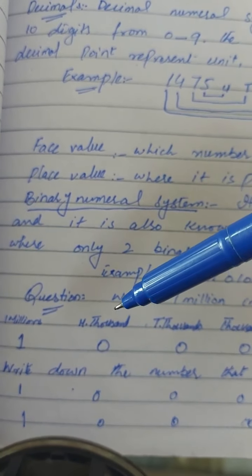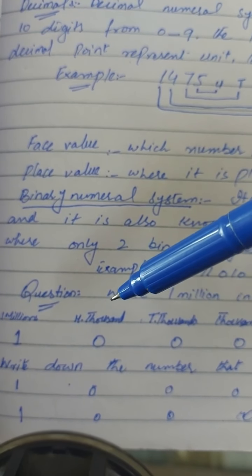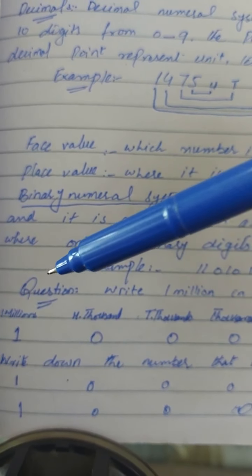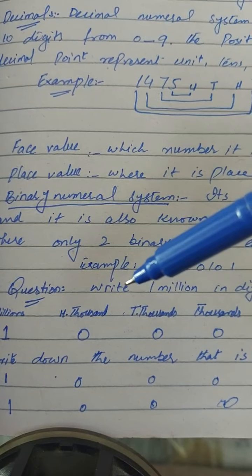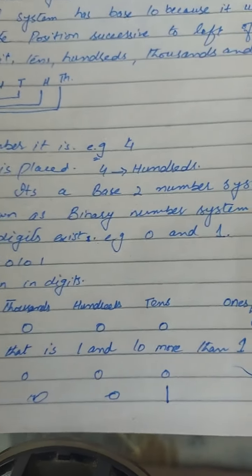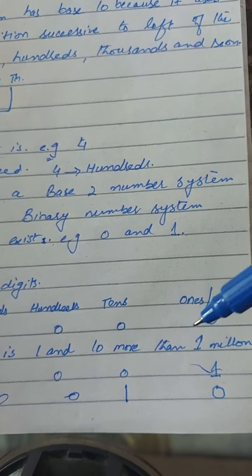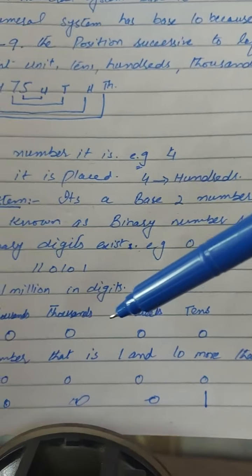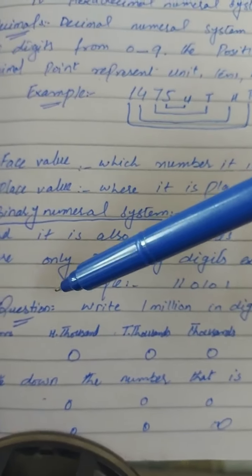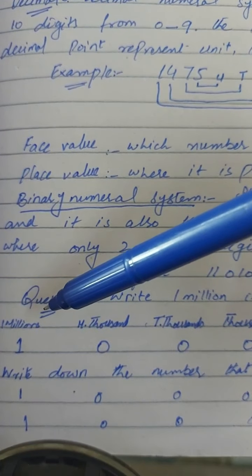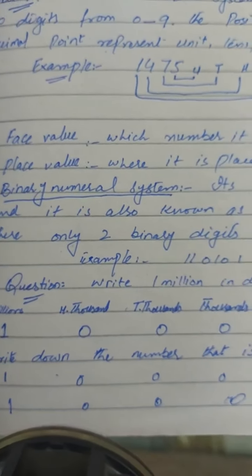This 100,000 will be considered as your 1 lakh in other terms, and then you have to write the 1 million. You will use zeros everywhere and only write 1 here in 1 million. The rest will all be zeros.